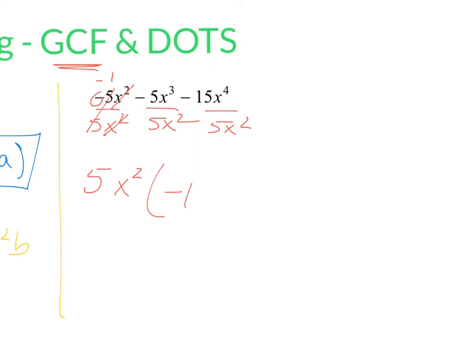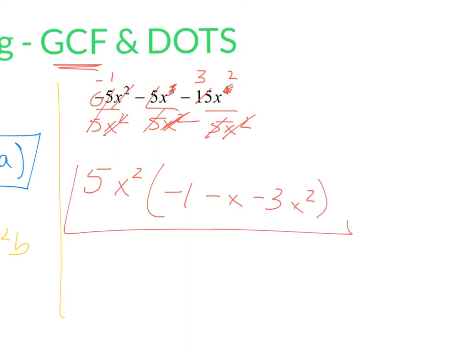And the next term, the 5 and the 5 cancel, the x squared cancels with the x cubed, but you're only left with x on the top, so that's minus x. And then you have the 5 and the 5, that becomes a 3. The x squared cancels out this x to the 4th, and that becomes x squared. So I have minus 3x squared. So that's how you factor this one.